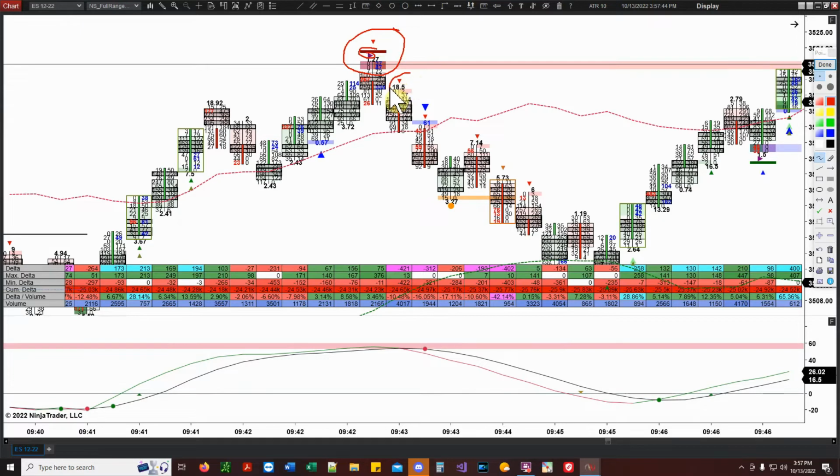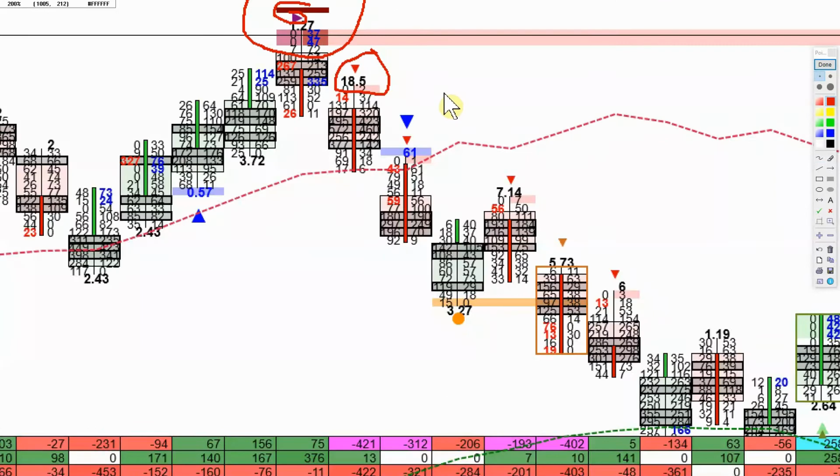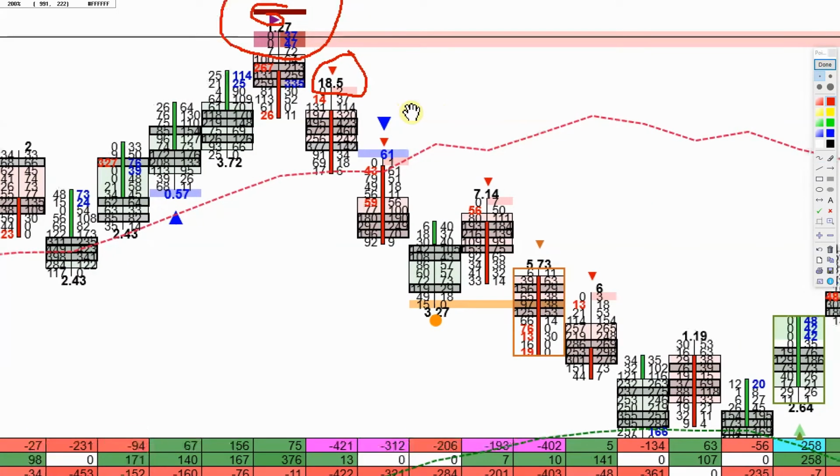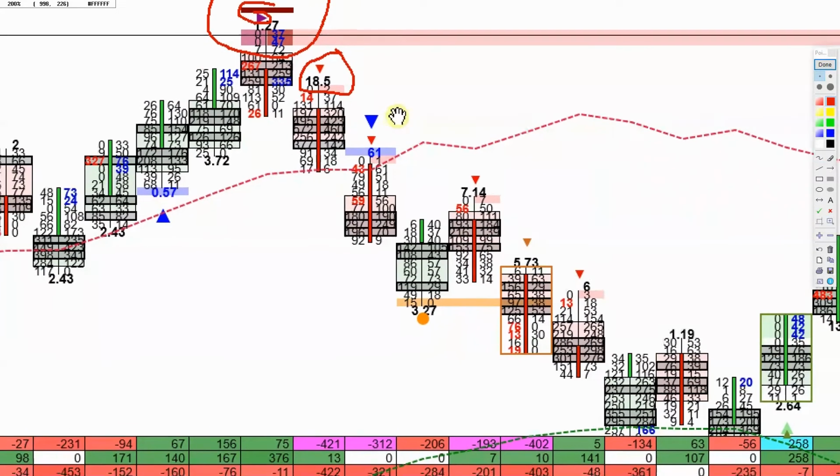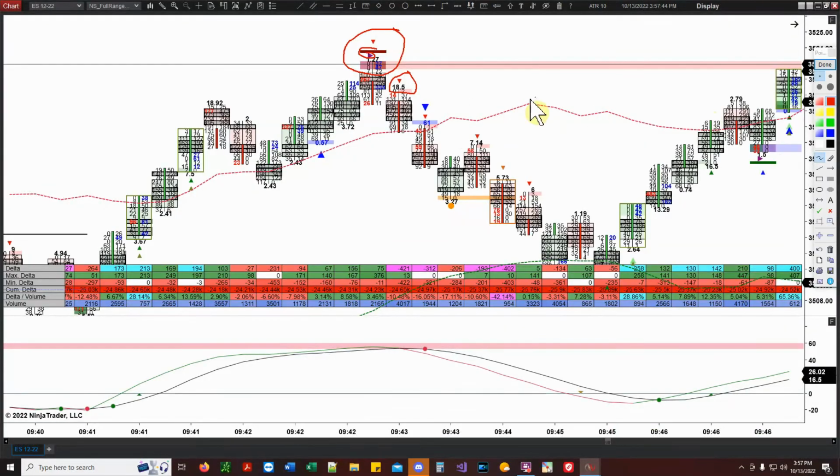The next bar, you got imbalance. You got imbalance here. You have a single print there. Then comes the entry bar. Look at this. You have a ratio, price exhaustion right here.